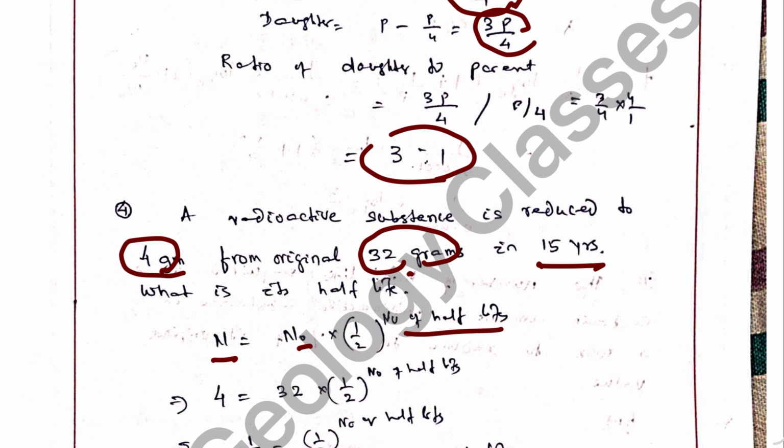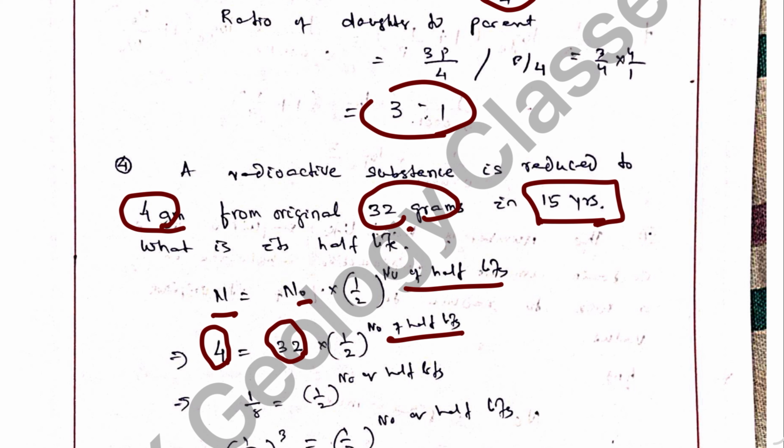So N is the number of parent atoms remaining, it is 4. Originally it was 32, N0, into half to the power number of half-lives. But total time period is 15 years.